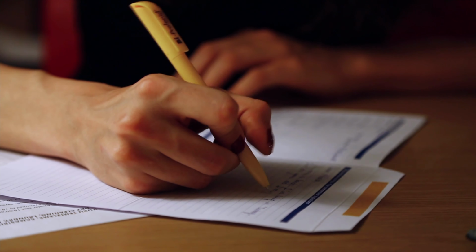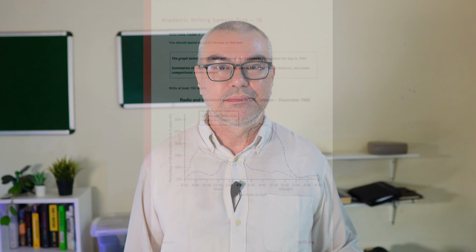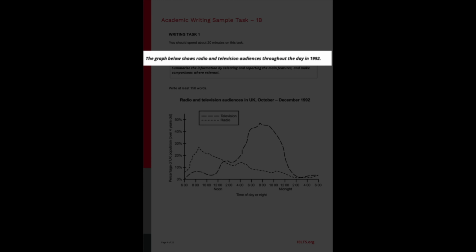The second part of the Task 1 instructions are topic related. So we have two types of topic related instructions here. The first ones are in the box. And this is where you are told the topic. In this example, we have radio and television viewers.